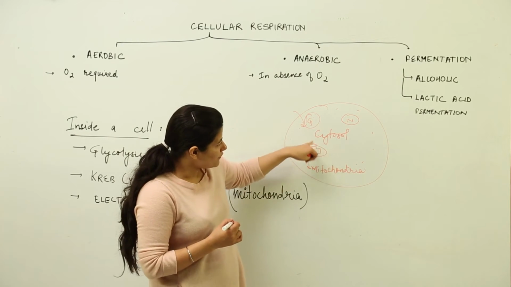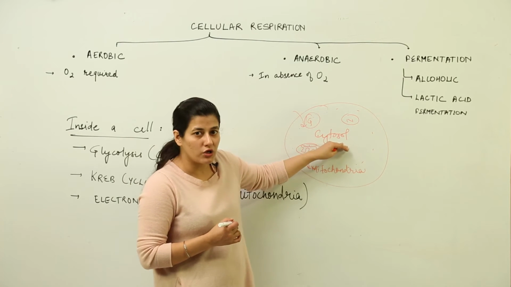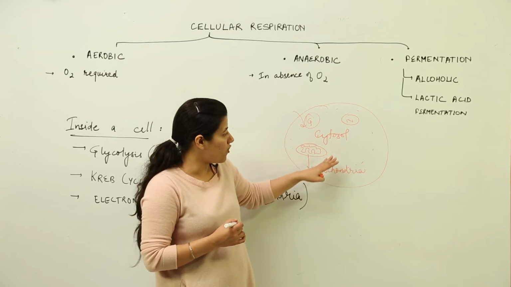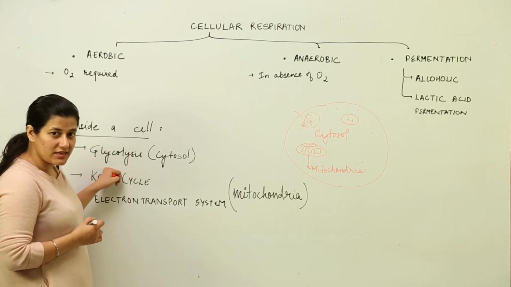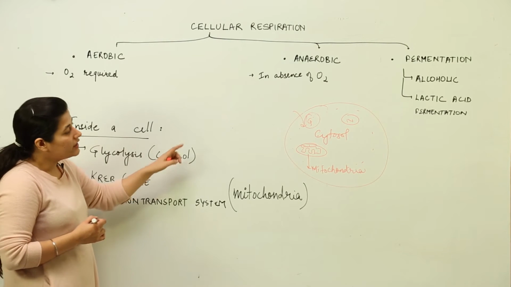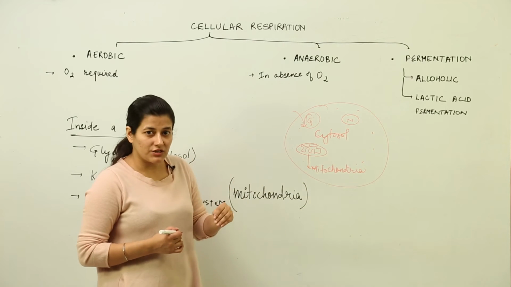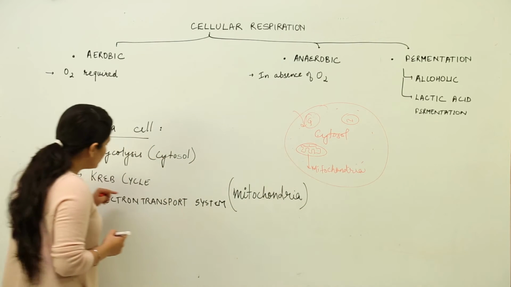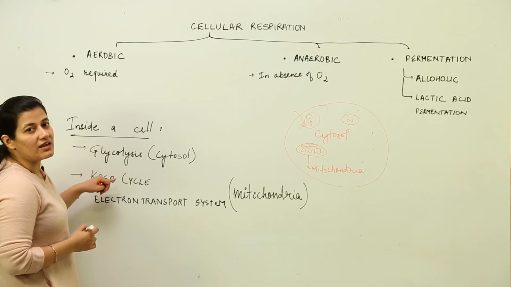Now this first half of the steps takes place inside the cytosol. Those two molecules of pyruvic acid which are formed as a result of glycolysis, which takes place inside the cytosol of the cell, enter the mitochondria for another series of steps, a cyclic process known as the Krebs cycle or the TCA cycle.